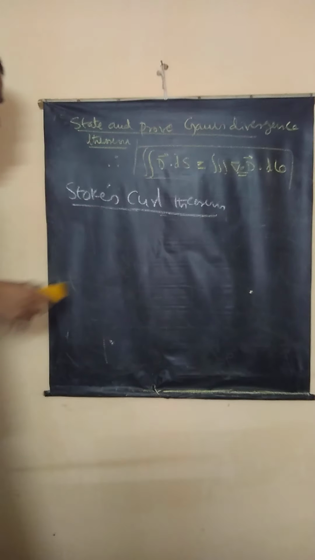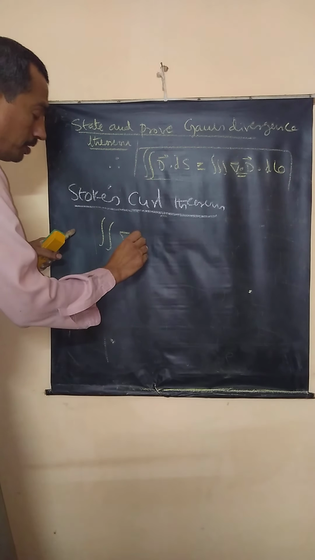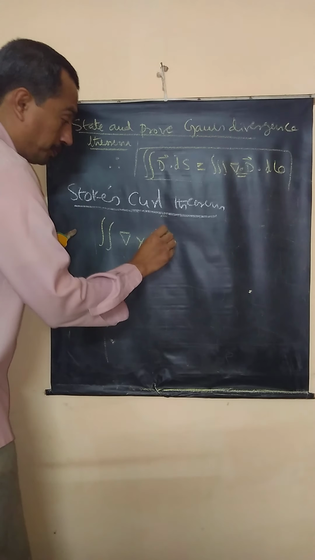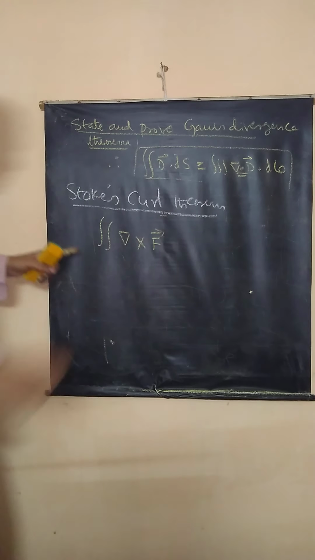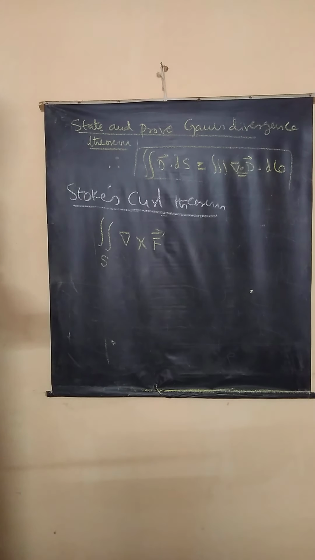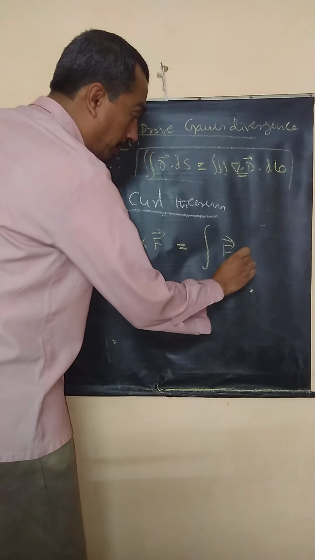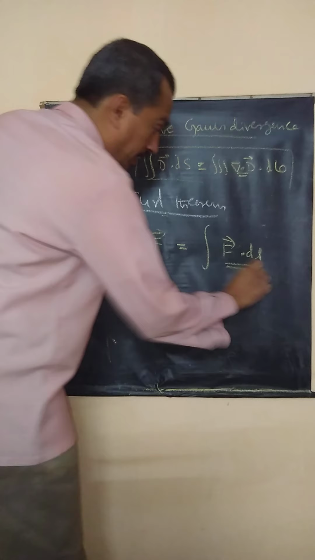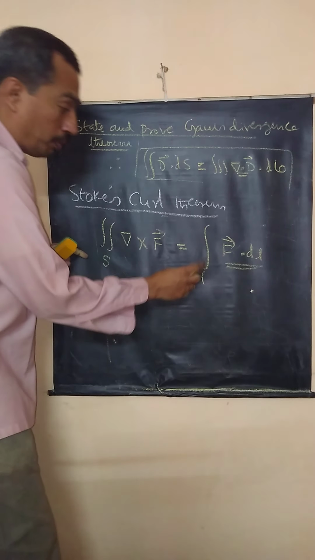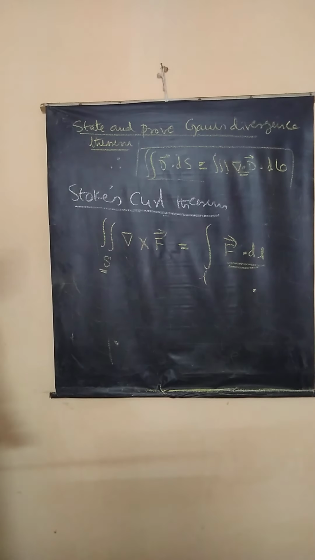Stokes' curl theorem says, see here, the curl of a vector, let it be F, over a surface is equal to the line integral of the vector. See here, this is the line integral. Line integral of the vector along the boundary enclosing this surface.